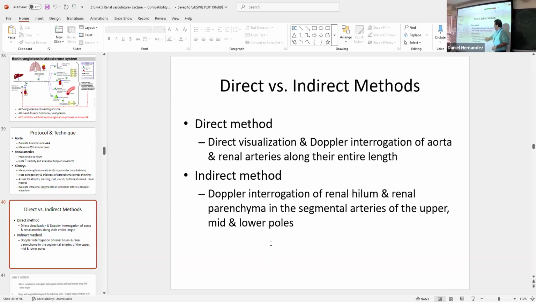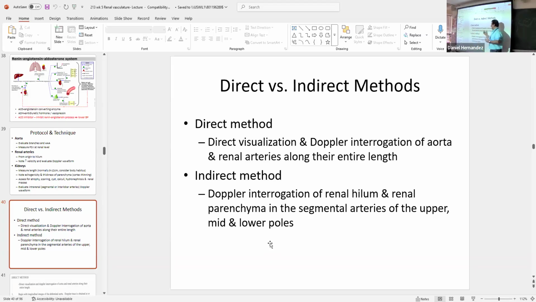So if we're using that indirect method, what do you guys think the waveforms would look like? What are we going to see? Our magic word is post-stenotic. Oh, we'll see tardus parvus waveforms, yes. So with the indirect method, we're looking for post-stenotic tardus parvus waveforms.